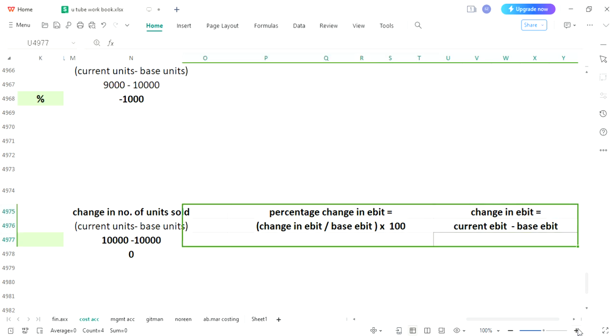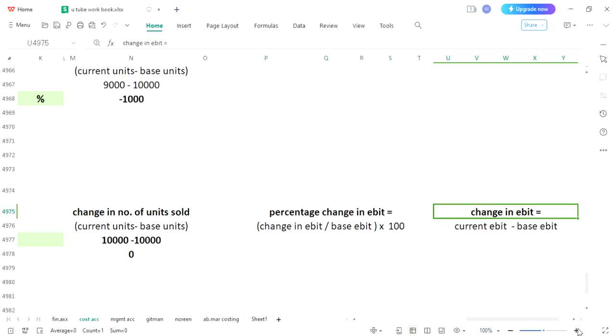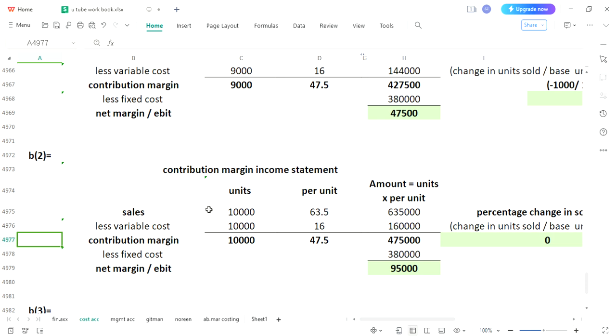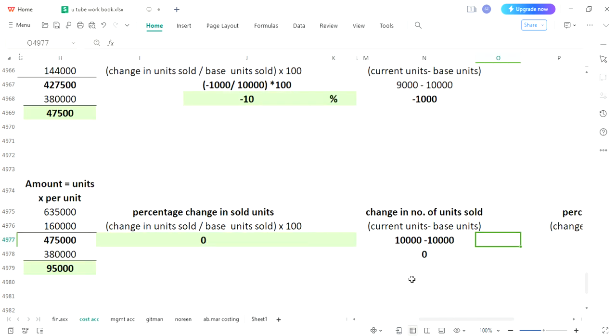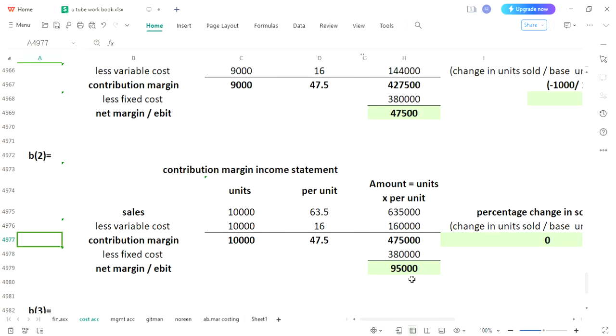We have just repeated the same thing that we did for change in sales units. In the same manner, change in EBIT would be calculated, and the percentage would be calculated in a similar way. Current EBIT. For that, let's come over here. In the B2 part, current EBIT was 95,000, and you will go over here. It was 95,000.